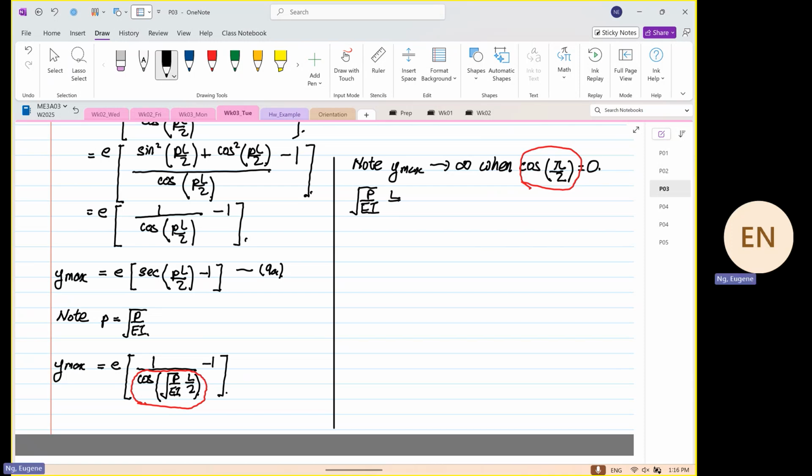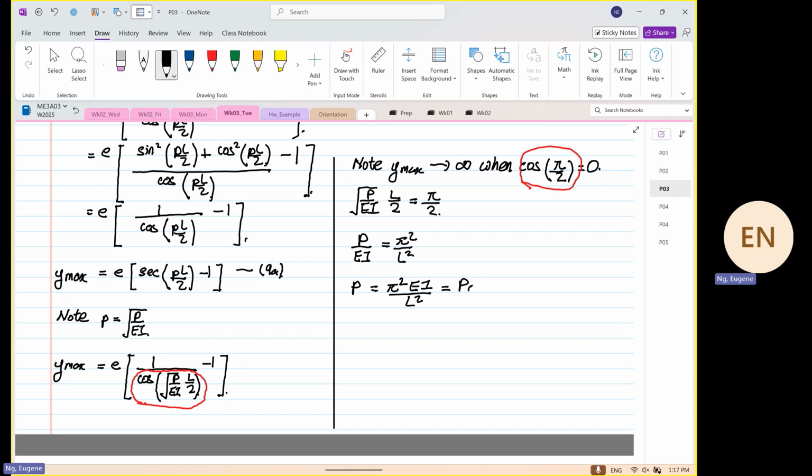Multiply by L over 2. And this is equal to pi over 2. Okay. We can get rid of the 2. We can write out P over EI is equal to pi squared over L squared. And then we can come up with an expression where P is equal to pi squared EI over L squared.